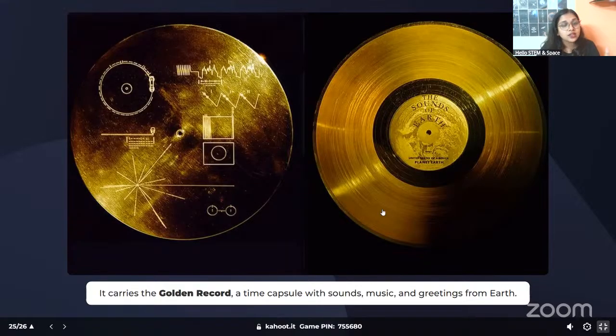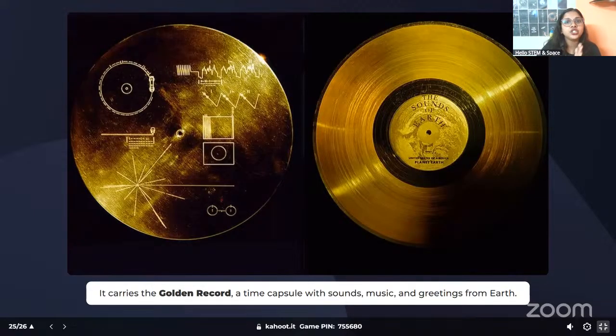We sent it to space so that if some extraterrestrial species found our Voyager 1, they would get an idea of our Earth. So we sent pictures, music, sounds, and everything in this. This is very interesting about Voyager 1.